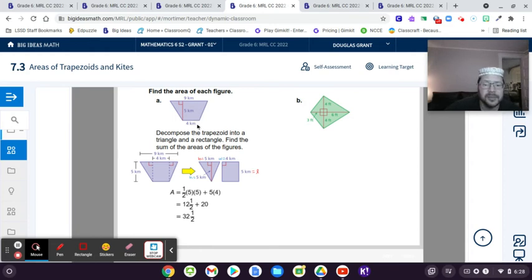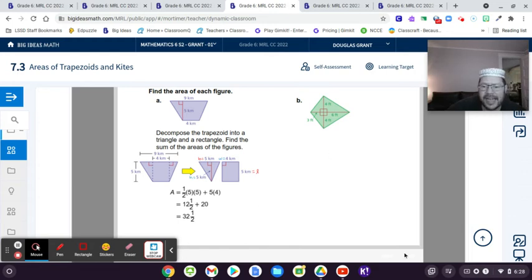So you add the two bases, 9 plus 4 is 13. 13 times 5 is 65. And then you do half of that. It's 1/2 the sum of the two bases times the height. And you get 32.5. So the formula will give you the same answer as if you just break this into rectangles and triangles. So there's two great ways to find area. For me, I just like to use the formula.